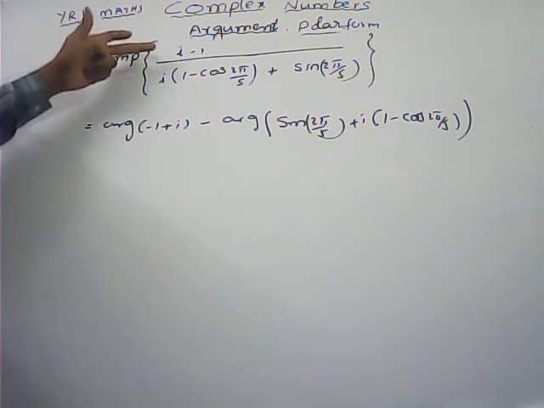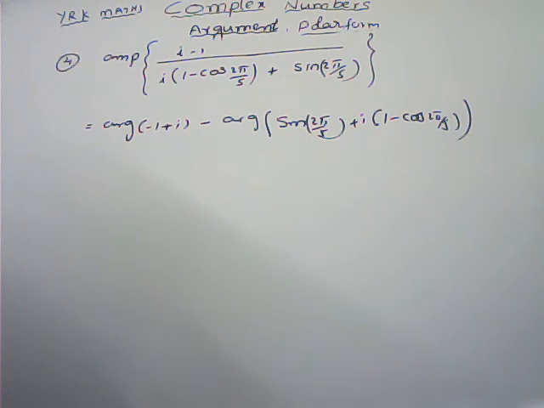Argument of z1 by z2 we can write as argument of z1 minus argument of z2.